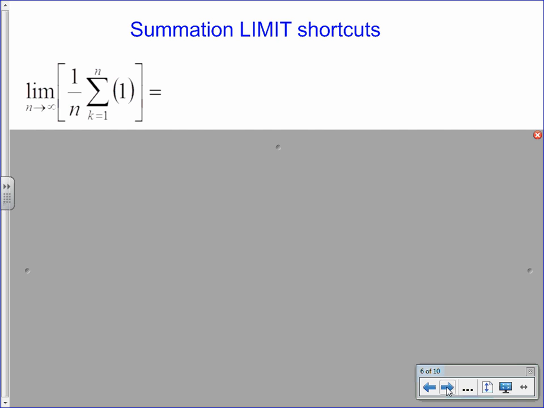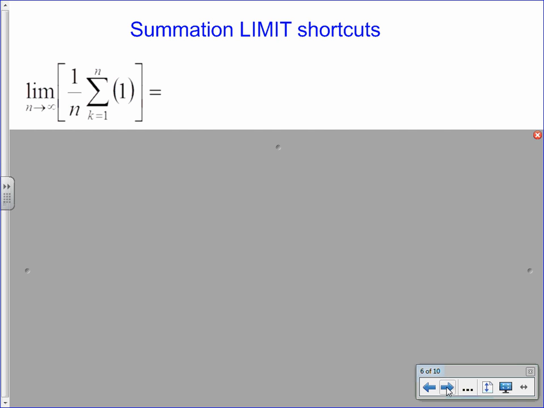I'm going to give you some shortcuts, but we are going to go through what these shortcuts are. You're going to help me determine why these are the values, okay? So I have the limit as n goes to infinity of 1 over n times the summation from 1 to n of 1. Help me out.